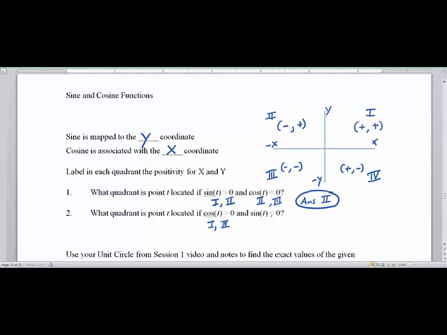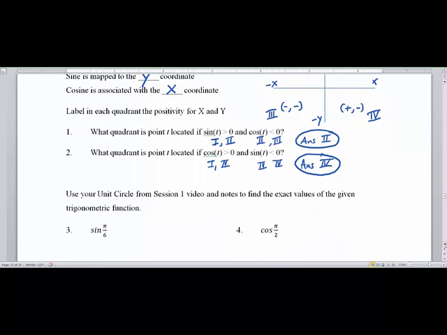And sine, the y value, is negative in the third and the fourth quadrant. Well, you can see that this is true in the fourth quadrant and this is true in the fourth quadrant, so your answer is the fourth quadrant. And here you go. You can see that if I put my dot somewhere in the lower right corner, my cosine is going to be positive, that's my x value, and my sine is going to be negative, which is the y value. So that's kind of some fun sleuthing there.